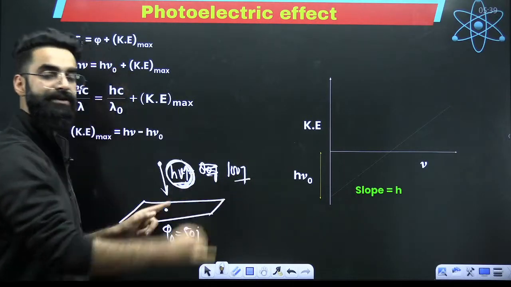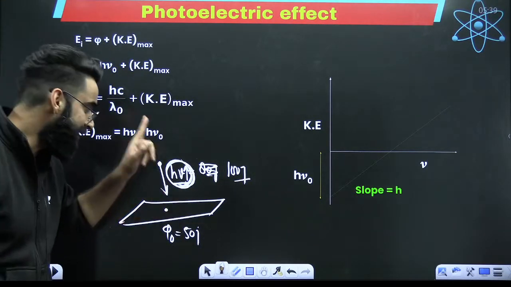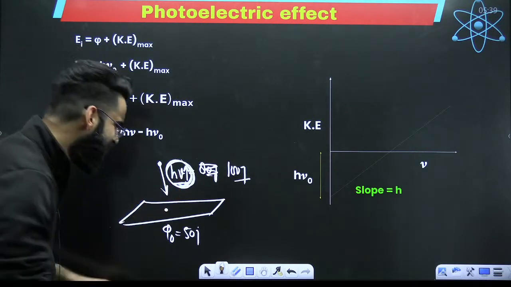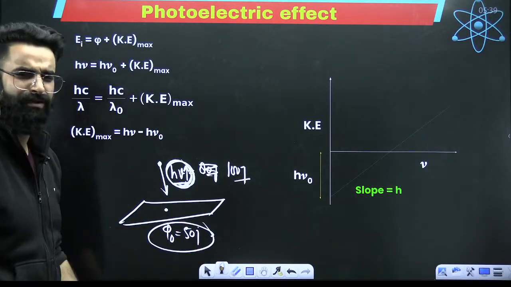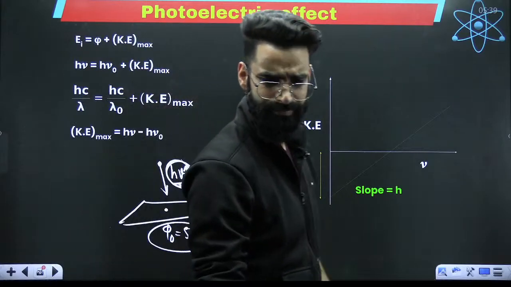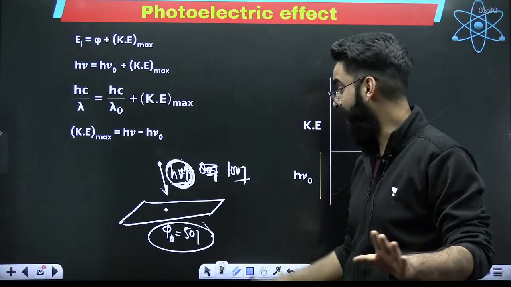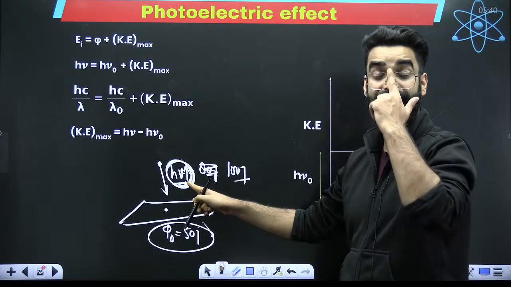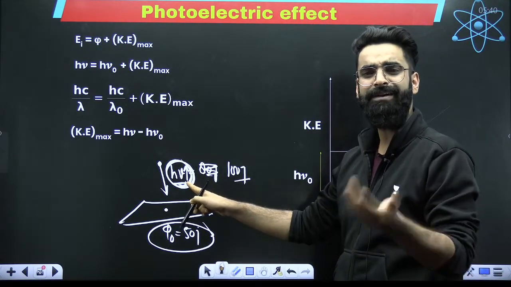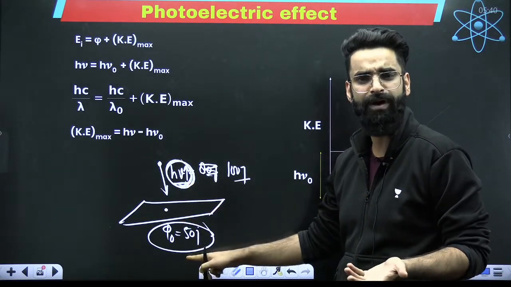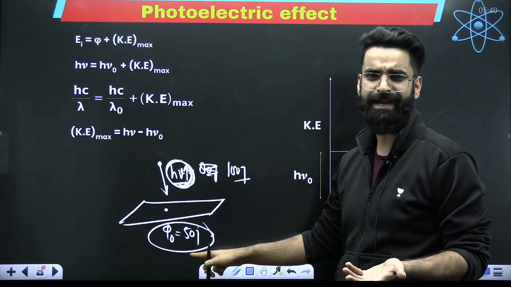Now the incident energy is 100 joules, right? On increasing the energy, will anything happen to the work function? The work function is still the same, 50 joules. It is a characteristic of the metal.